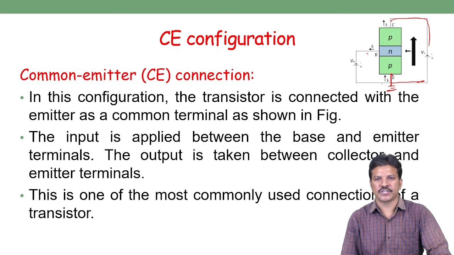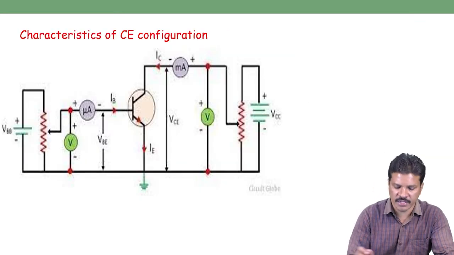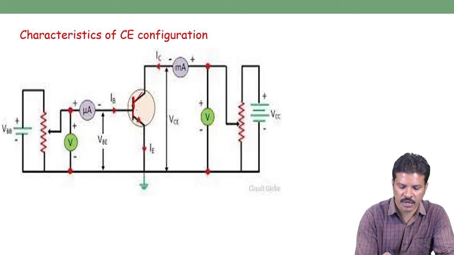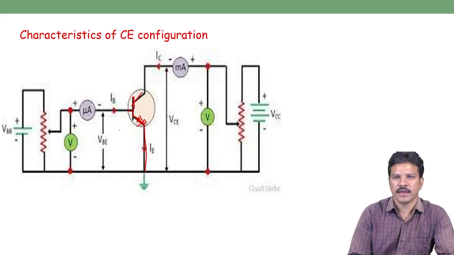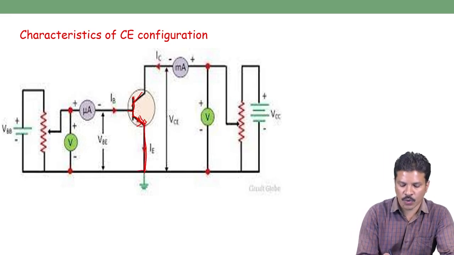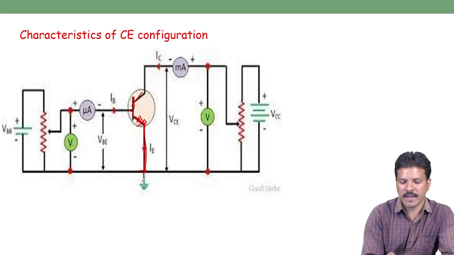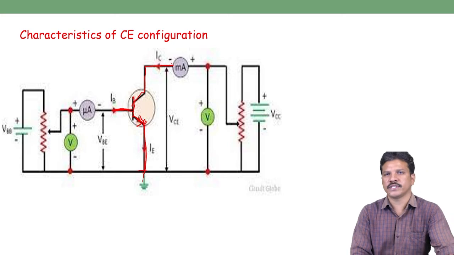Now we'll see how to connect the common emitter configuration. Take the transistor symbol, an NPN transistor. The emitter terminal is connected to ground, the base terminal is connected to the input side, and the collector terminal is connected to the output side.